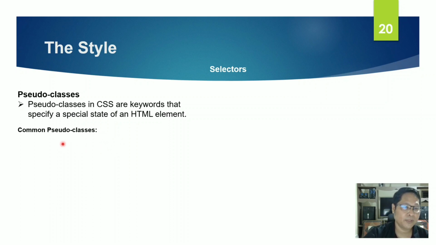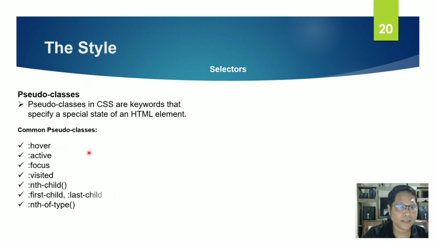For example, common pseudo classes include hover. Look at the colon; they are preceded by a colon. We also have active, focus, visited, nth-child, first-child, last-child, and nth-of-type.